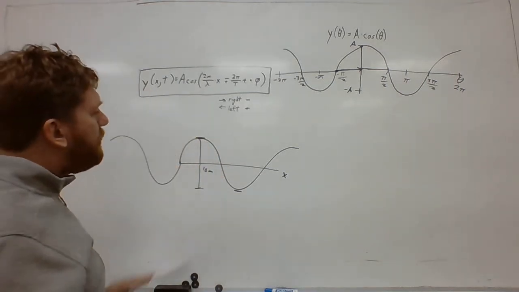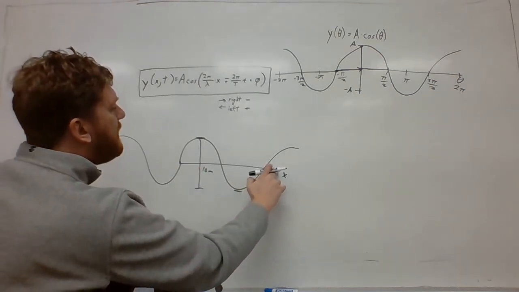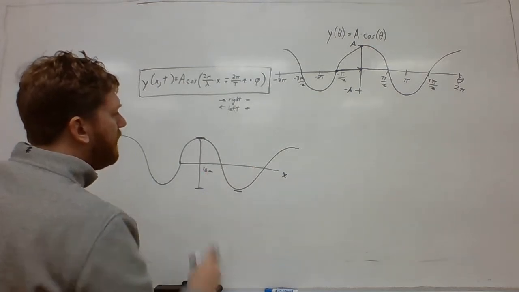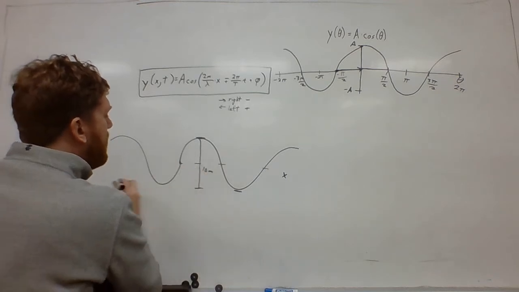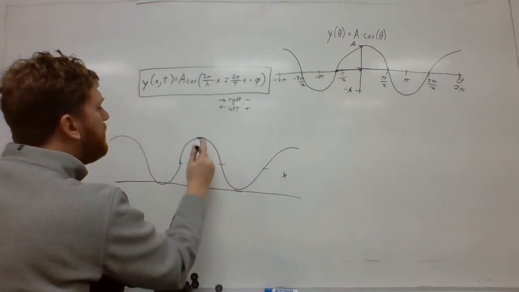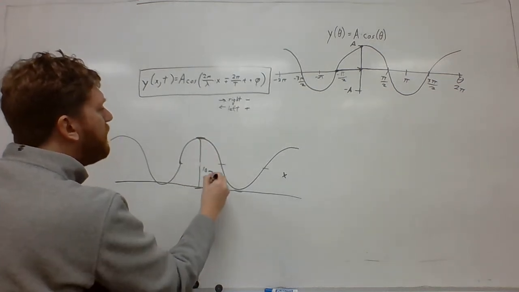So our amplitude is the displacement from equilibrium. In this case, let's pretend equilibrium is right here in the center, and our amplitude is 5. Now, even if I was calling my y0 this, my amplitude would still be 5 meters, because it goes 5 meters above the middle and 5 meters below the middle.